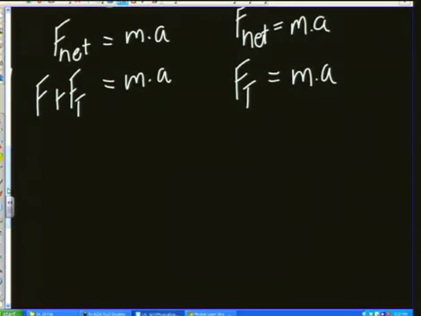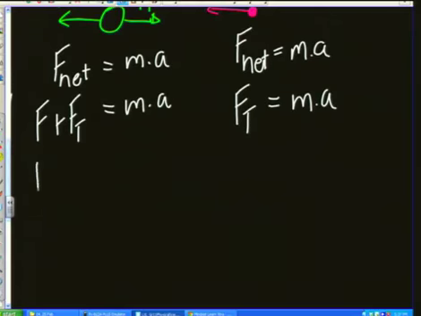The only thing that I know is that this is 10, and I know that the force of tension is going to be a negative force. So I'm going to make sure I understand that that's going to be a subtraction. I'm going to subtract that force of tension from there, because the force is applied in the positive direction and the force of tension is in the negative direction. Now, the mass, let's just check the question.